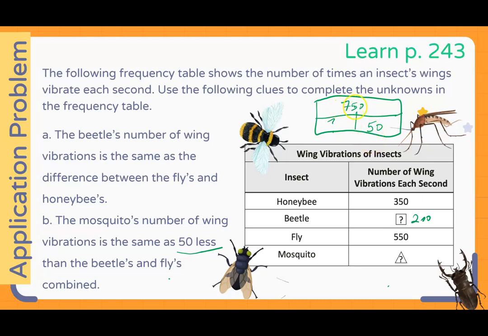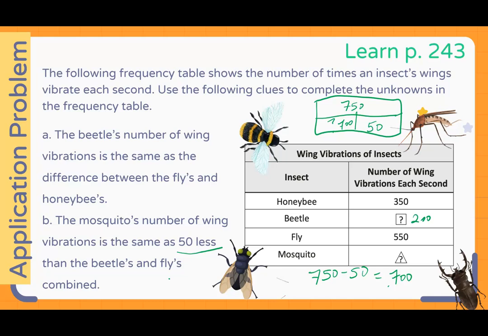So I'm going to subtract 750 minus 50. That gives me 700. So we will have 700. The question mark represents the number of mosquitoes' wing vibrations.